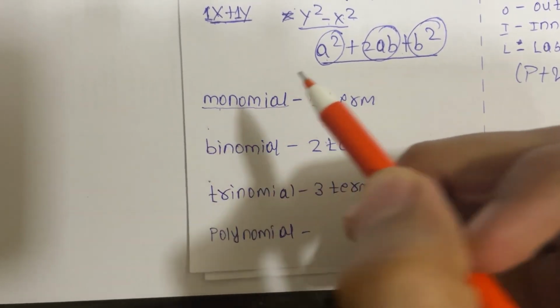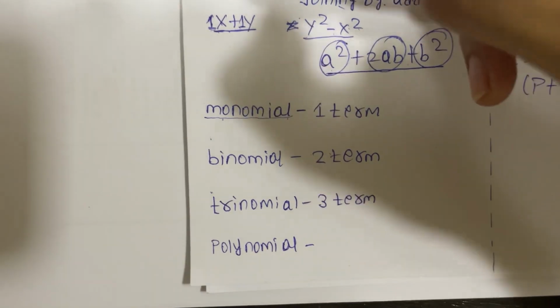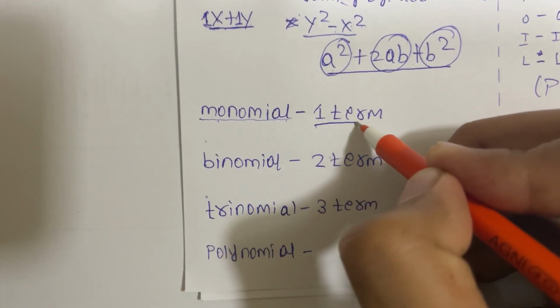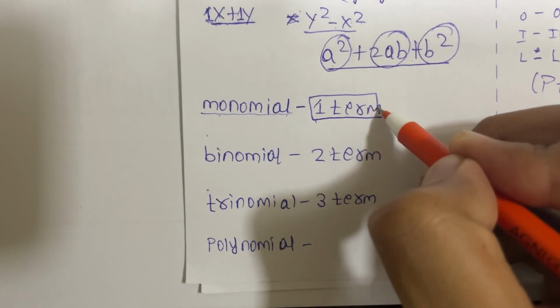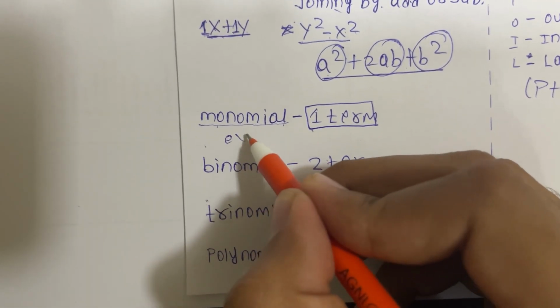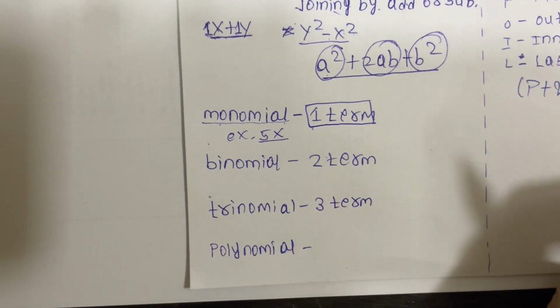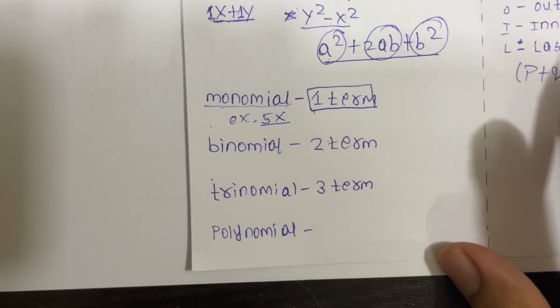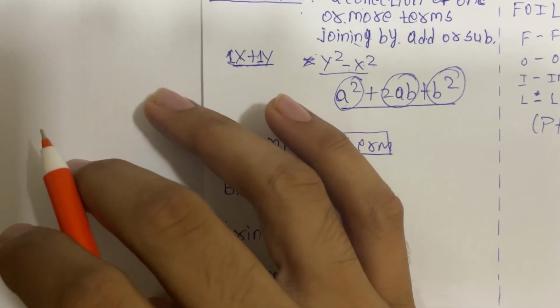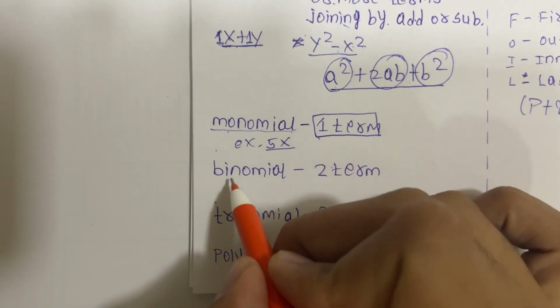Okay, now further in expressions we will learn about monomial. So what is monomial? Monomial means an expression which consists of only one term. For example, 5x. So this is a monomial. Then the next term is binomial.